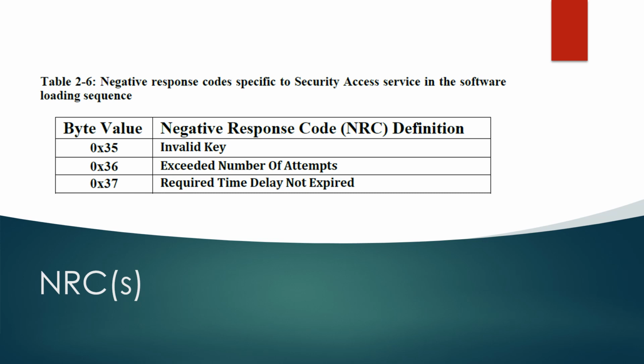If you retry up to 3 times, until that time you will get invalid key, 35, as the response. But let's say the maximum is 3, and if you try a fourth time, you will get 36 because you have already reached the maximum limit. That's why it gives another negative response code.